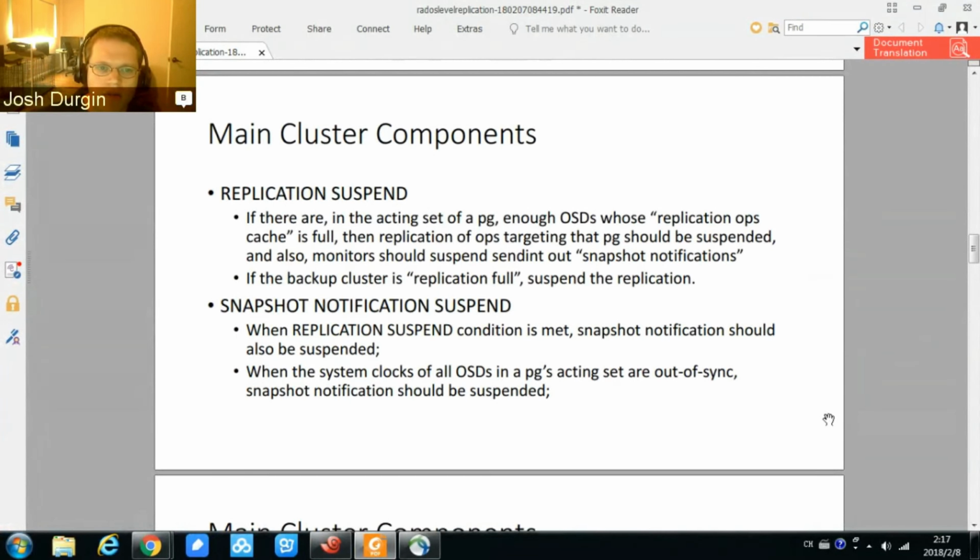So next I think maybe we should talk about replication robustness.